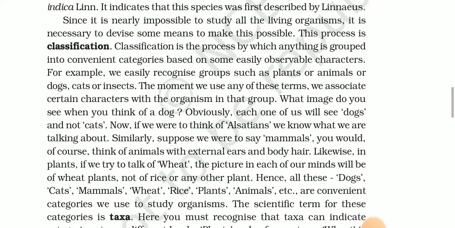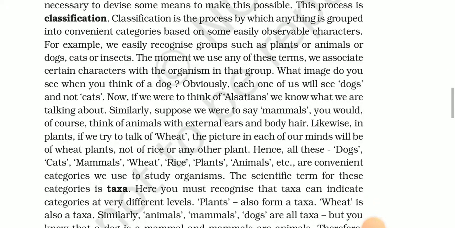Similarly, if we say mammals, you would think of animals with external ears and body hair. Likewise, in plants, if we talk of wheat, the picture in our minds will be of wheat plants, not rice or any other plant. Hence, all these dogs, cats, mammals, wheat, rice, plants, animals, etc. are convenient categories we use to study organisms. The scientific term for these categories is taxa.